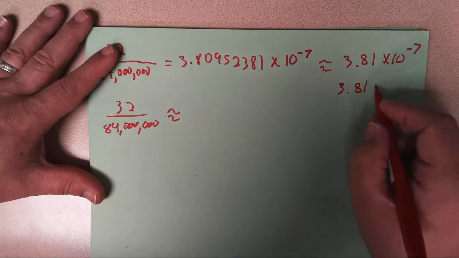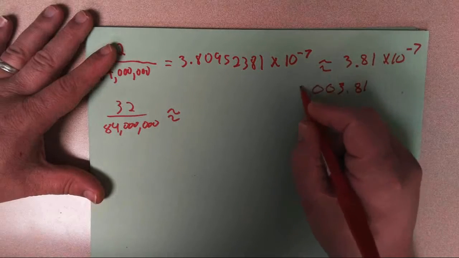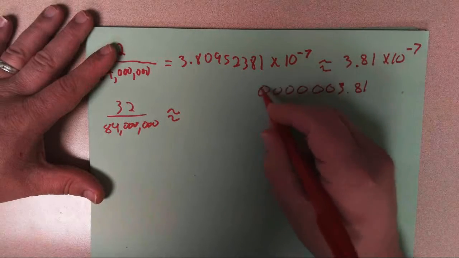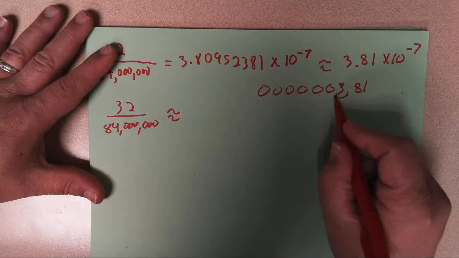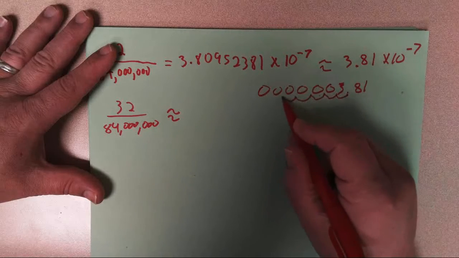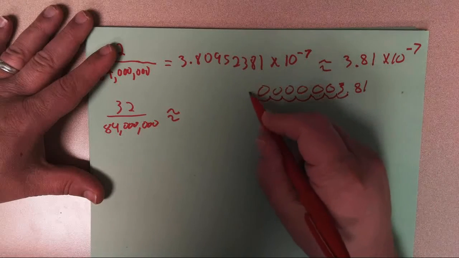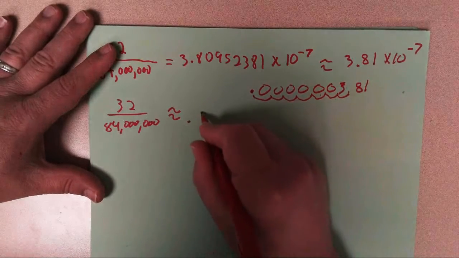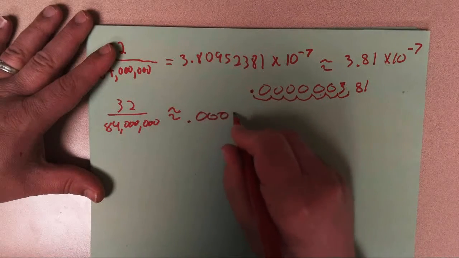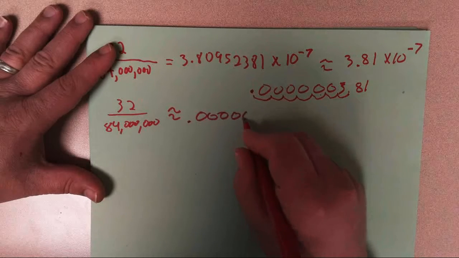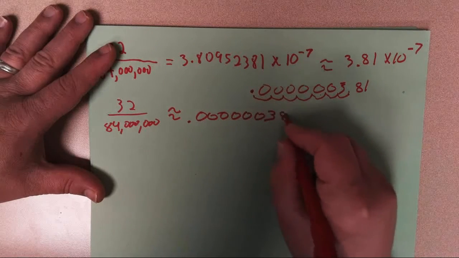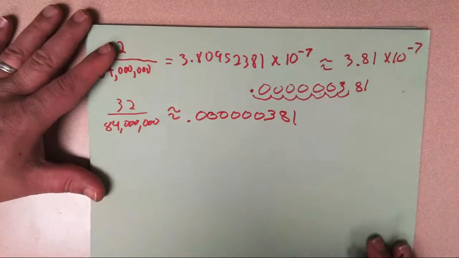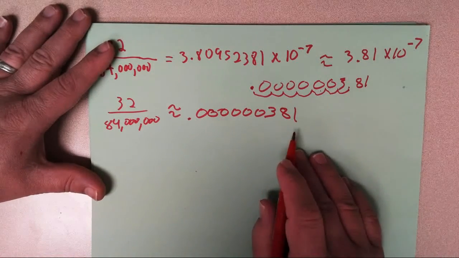I'm going to have to add 6 zeros so that I can take this and move it 1, 2, 3, 4, 5, 6, 7, and that would be my decimal point. So I would actually get 0.0000000381. Okay, so this would actually be the number.